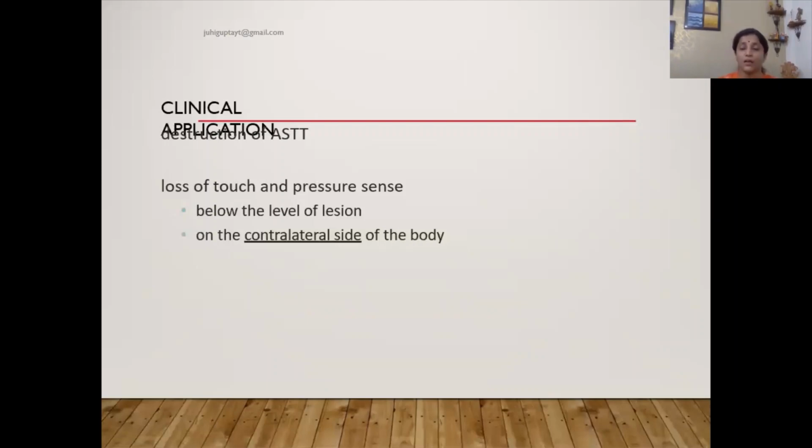So if the injury is at one particular level on the right side of the spinal cord, then the sensations of the spinal segments below that level on the opposite side, that is the sensation of touch and pressure, will not be carried up.